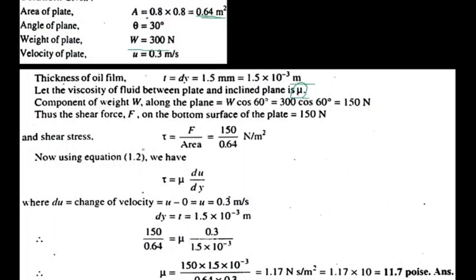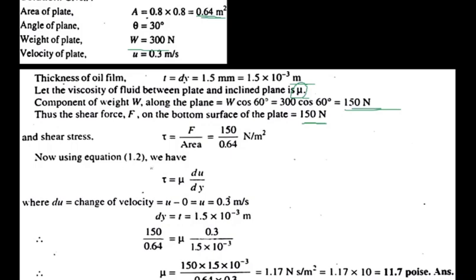Okay, so the component of the weight is W cos 60 degree, and what is W? That is 300 cos 60 degree, it is 150 Newton. So the weight component of the square plate will be 150 Newton. Thus the shear force F on the bottom surface of the plate will be the force due to the weight of the plate, 150 Newton.